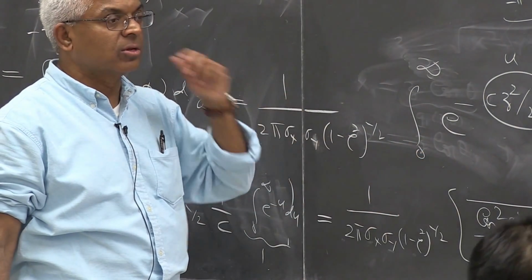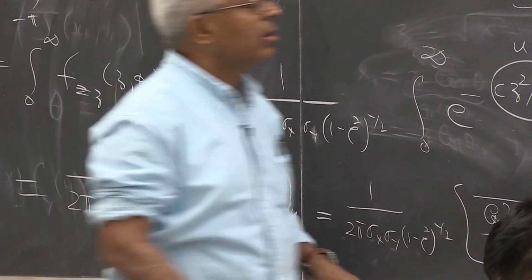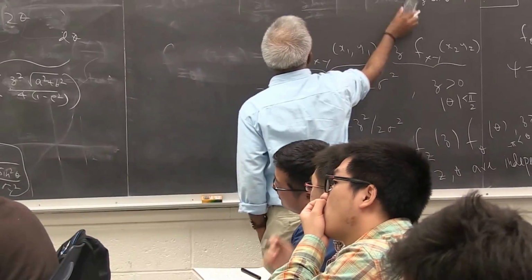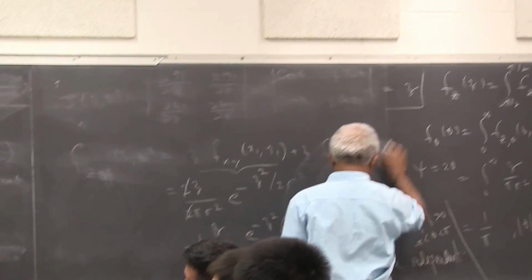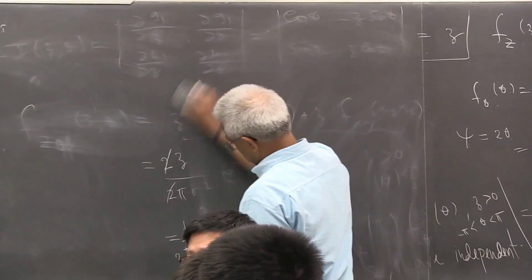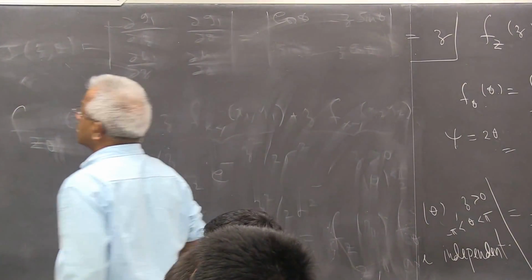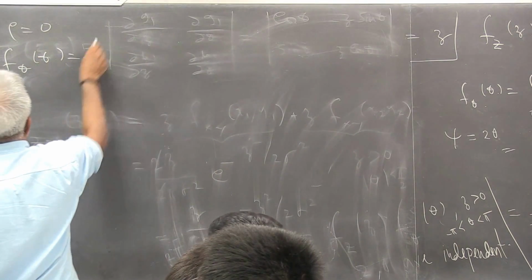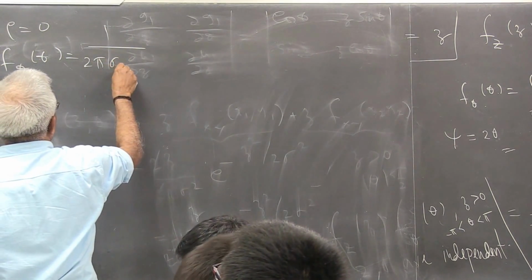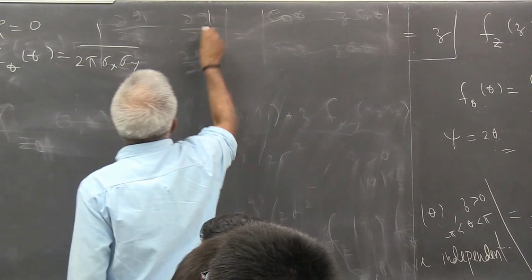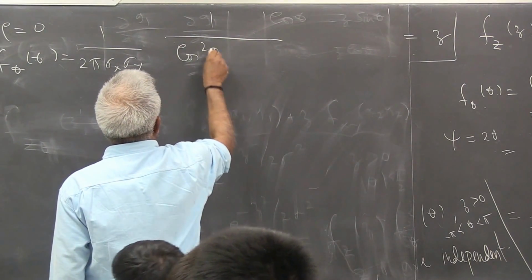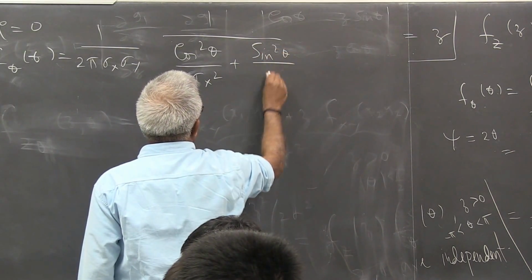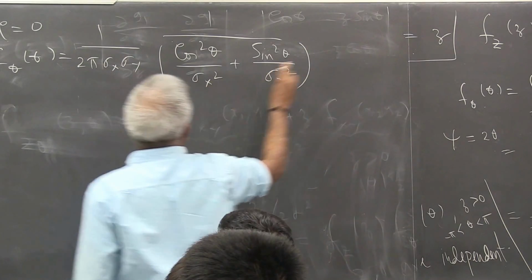If you put ρ equal to 0, with σx, σy different, I'll finally write it here and then that should be good enough. So if ρ is 0, f of θ, look there, that is still not uniform, right?